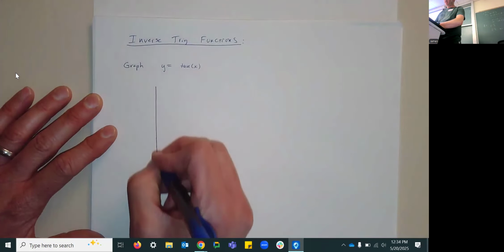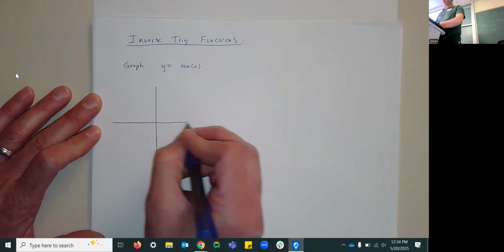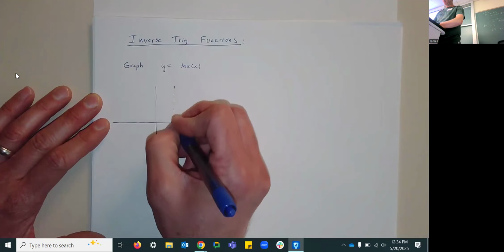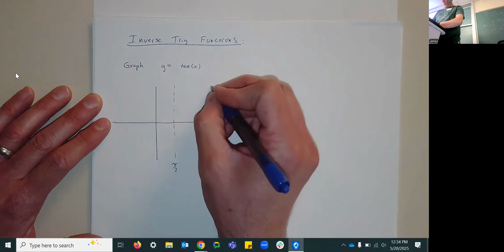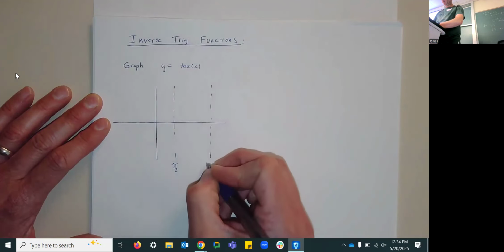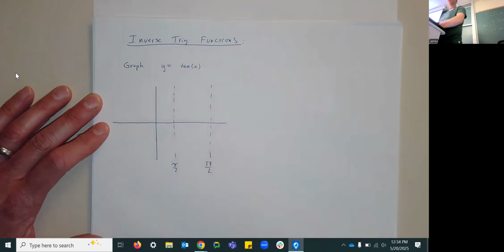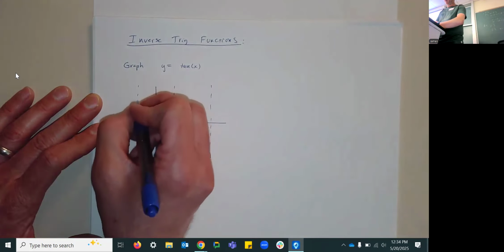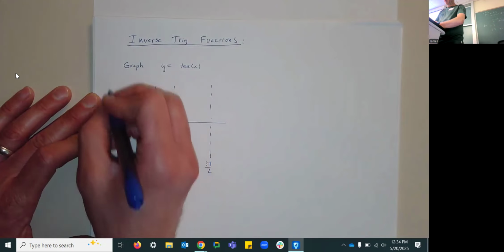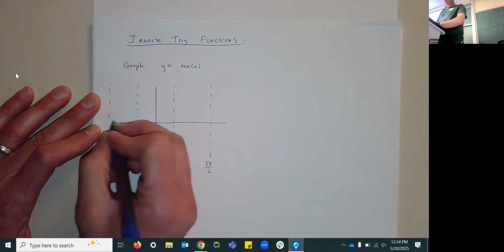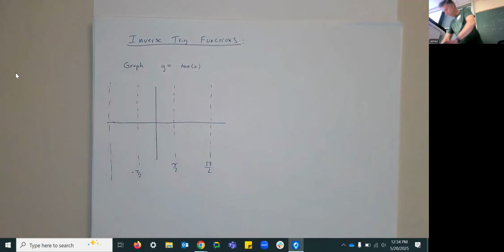We know that tangent has some vertical asymptotes at pi over 2 and at 3 pi over 2, and every odd multiple of pi over 2, also at negative pi over 2 and negative 3 pi over 2 and so on. And then the graph of tangent looks something like this.